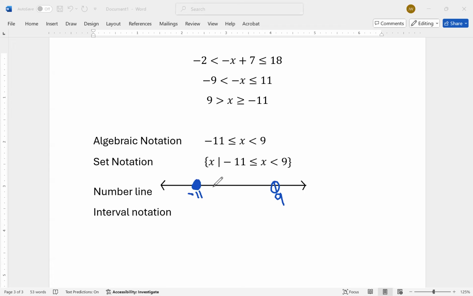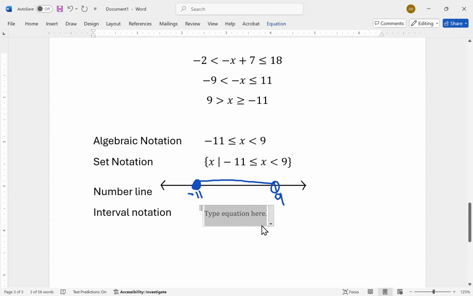Fill in the circle for negative 11, but not for positive 9. And then it's all values in between there that make that a true statement. The interval notation would go square bracket, negative 11, comma, 9, parenthesis. Can't touch 9, can't plug in 9 to get a true statement, but we can plug in negative 11.